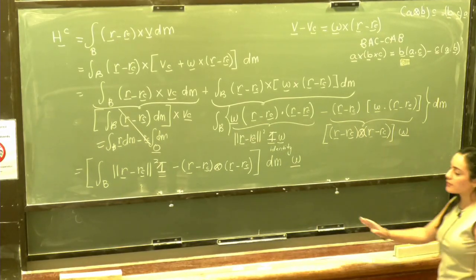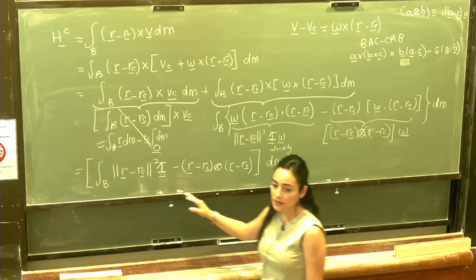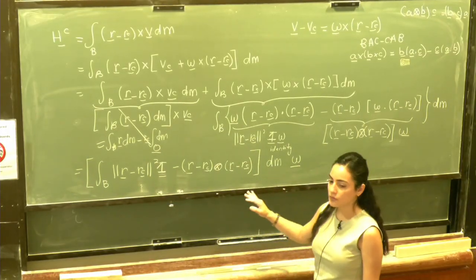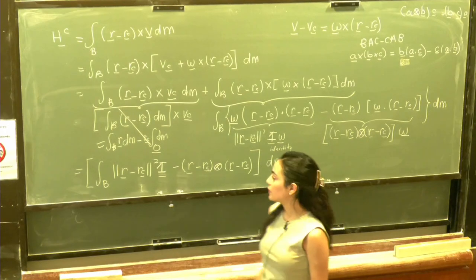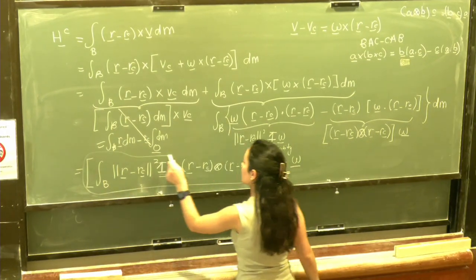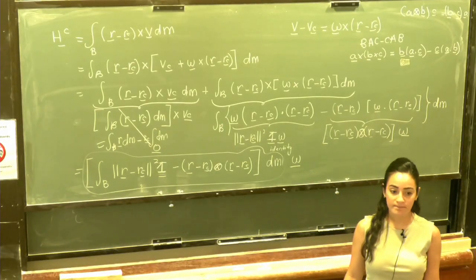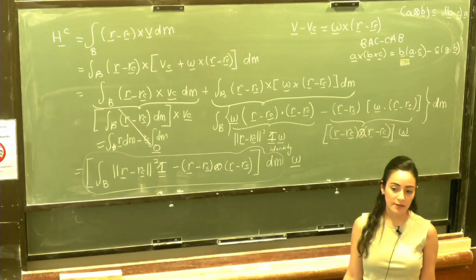So what is this object here? Is it a vector? This object. Is it a scalar? Is it a vector? What is it?